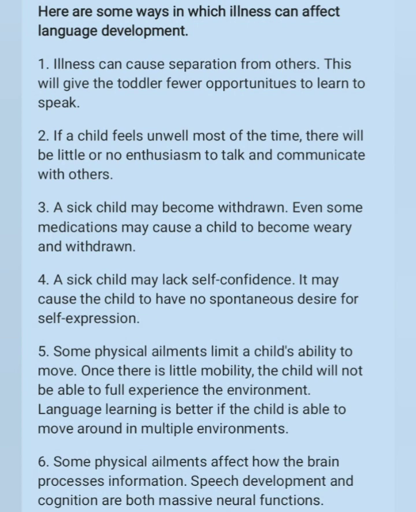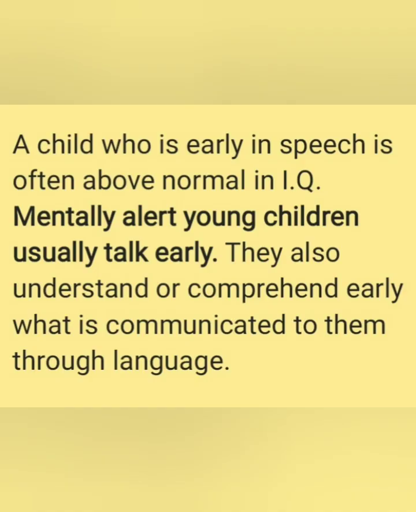So if you realize that the child is not making any attempts to make words, then that is cause for concern and the child may need to be checked out by a specialist. And if by 18 months old that child is still not making any words, then you have to get that child checked out. A child who is early in speech is often above normal in IQ.